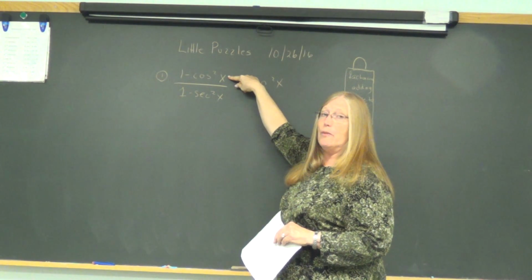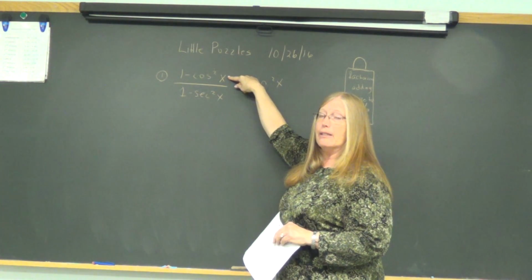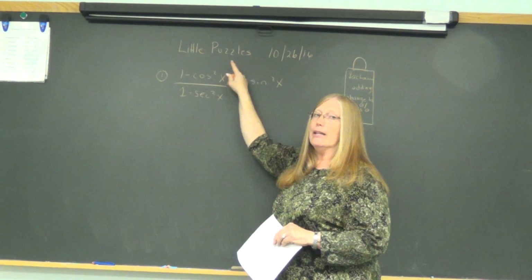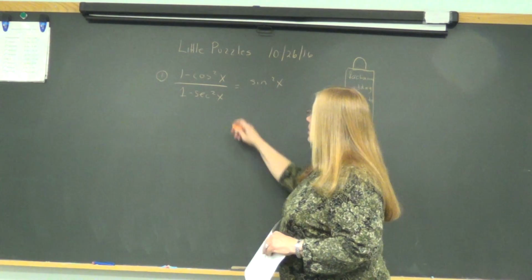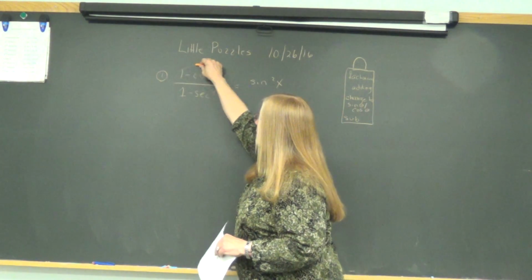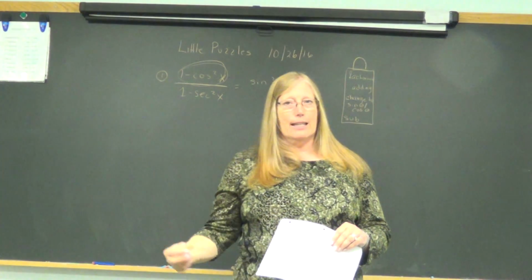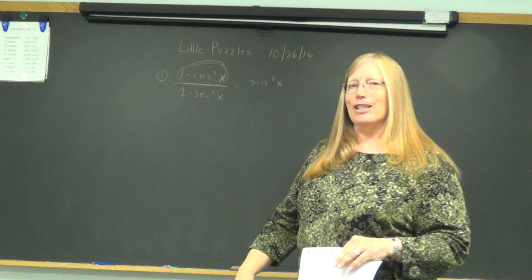It's one of the forms of the Pythagorean ID, sine squared plus cosine squared equals 1. If you rearrange that, 1 minus cosine squared is sine squared. So you should be able to recognize that. Look into its eyes and see if you can recognize that the next time. That should be like a knee-jerk reaction.